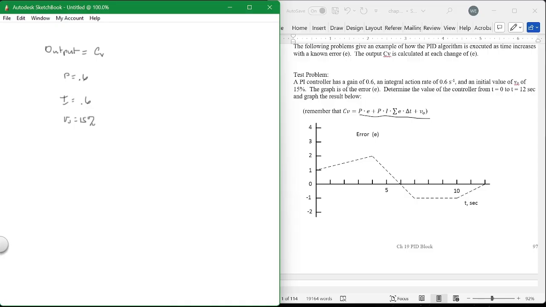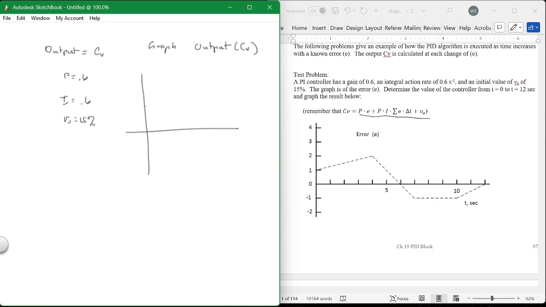And this is in percent. No, this is actual error and numbers. And then the goal here is to graph the output, or the CV. Okay? So it's in percent.